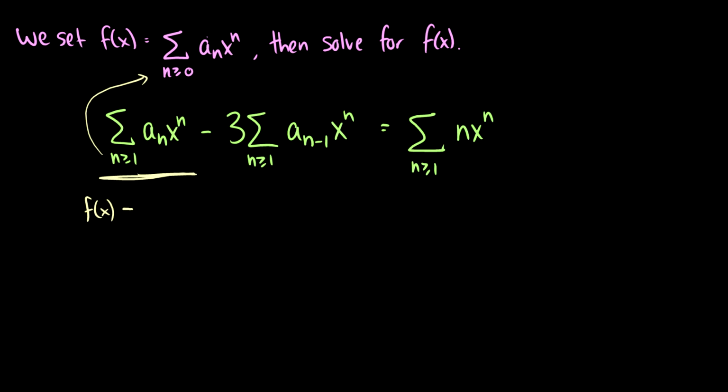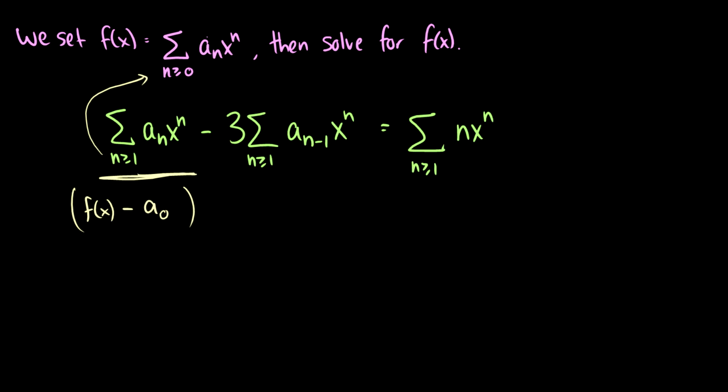So we're missing n equals 0, which is a0 times x to the 0. So we're just going to subtract it. Because if we take the sum of a_n x to the n, and we subtract the case where n is equal to 0, then it's just the same thing as saying we start at 1.